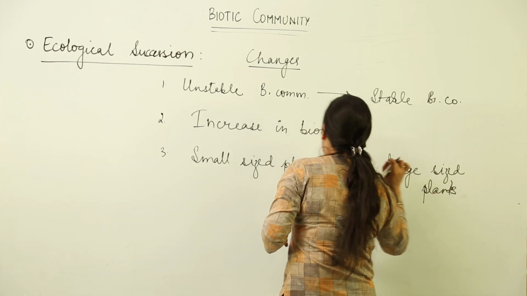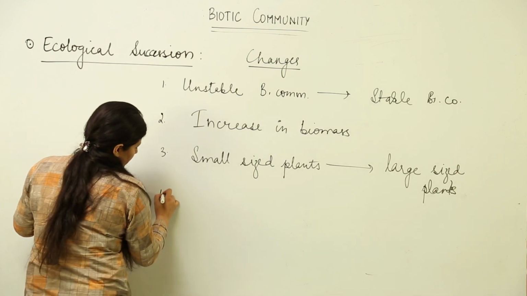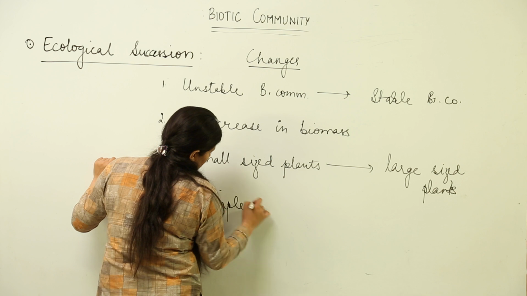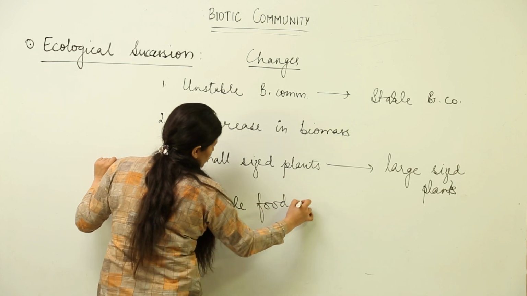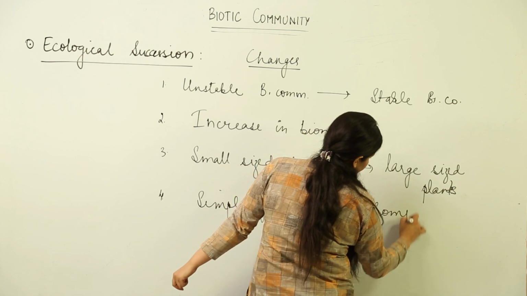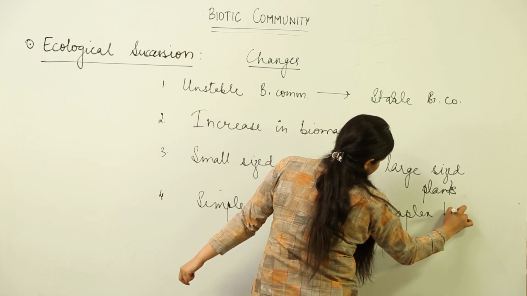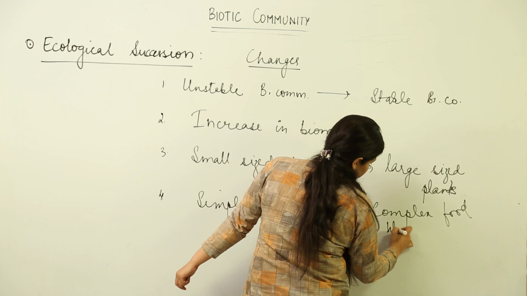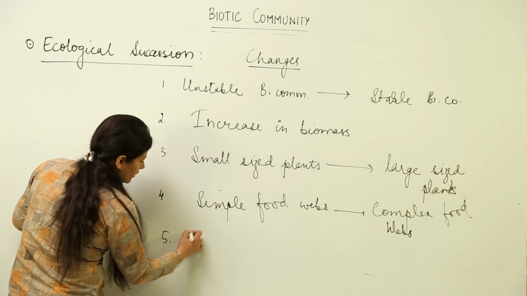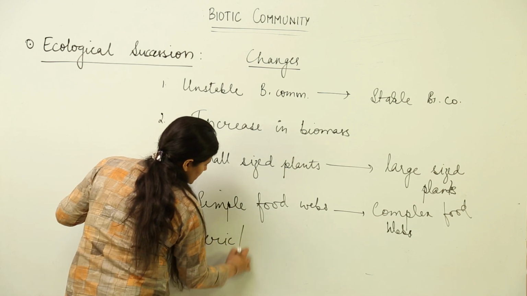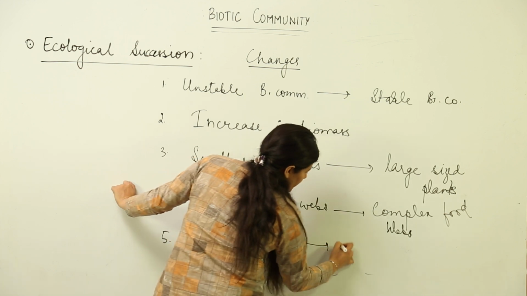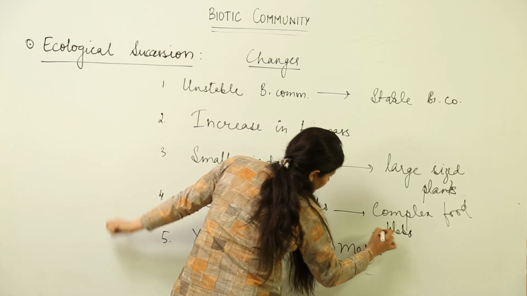Okay? Then the fourth one is that from simple food webs there is a transition to complex food webs. From extreme xeric or hydric conditions, there is a transition to mesic or intermediate conditions.